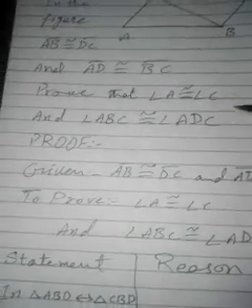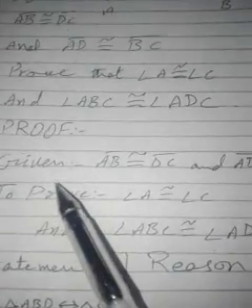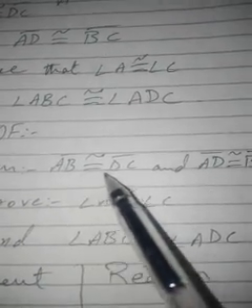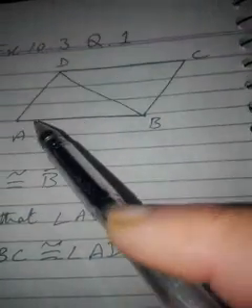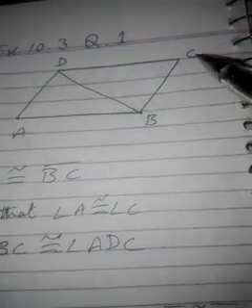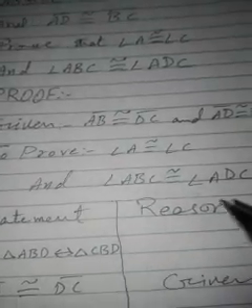These questions are theorem like. Here given is AB is congruent to DC and AD is congruent to BC. These two things are given. We have to prove two things.